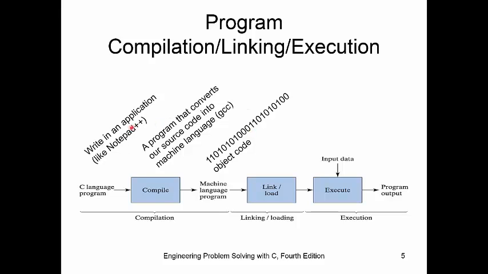So we have our source code here. We compile, it turns into object code. But that's not enough yet for the program to run. The program also has to be linked to other machine language statements so that it will work correctly. The linking process, for example, can link to our include standard I/O statement.